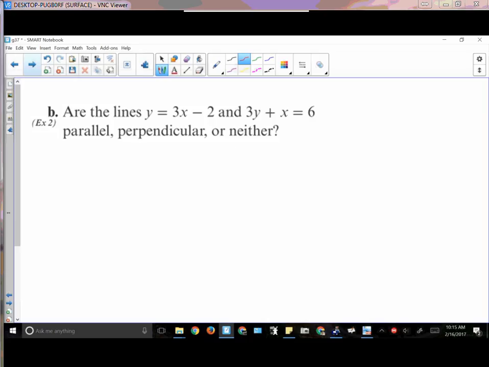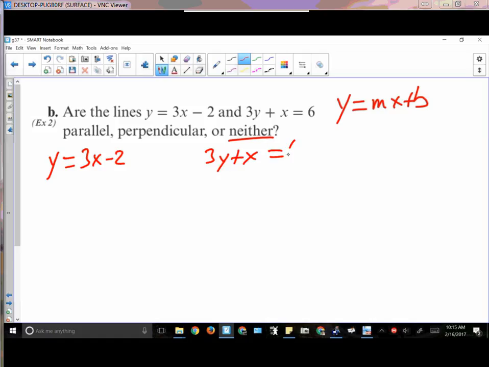Neither, he says. Let's check. Are they in the form y is equal to mx plus b? Because that's really the only way that we've got to tell right now. So the first one I look at is y is equal to 3x minus 2. That's fine. The other one is 3y plus x is equal to 6.